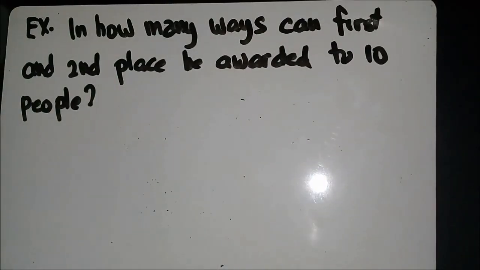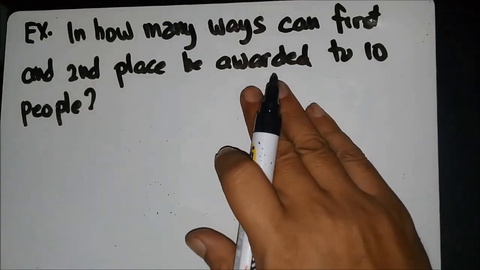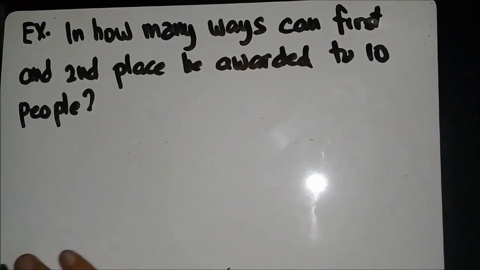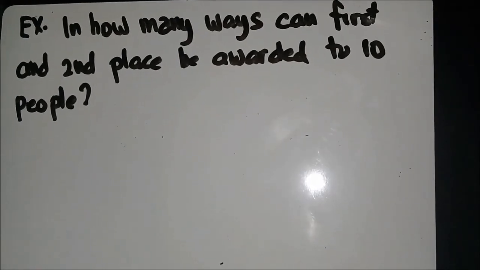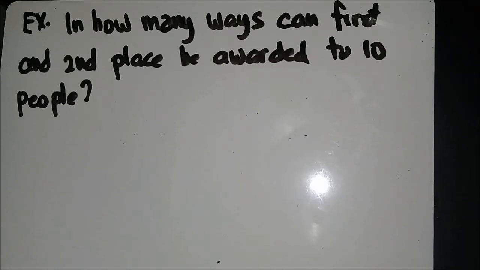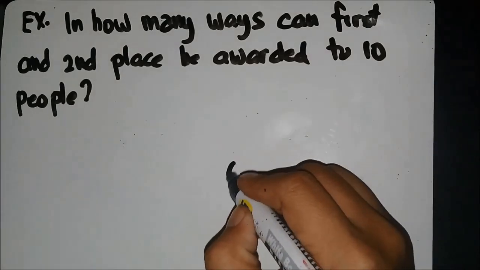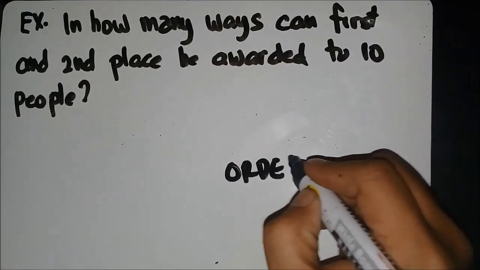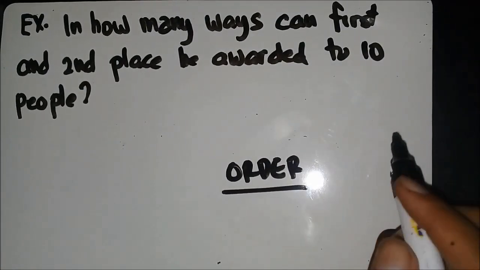Example: in how many ways can first and second place be awarded to 10 people? Before solving or jumping into a problem, you first have to analyze it yourself. Is order important? If order is important, then you are looking at a permutation.